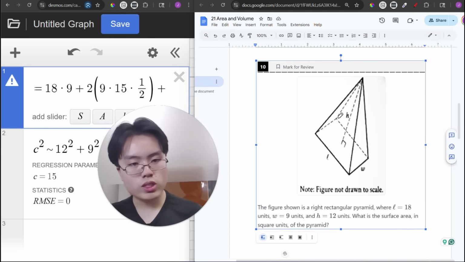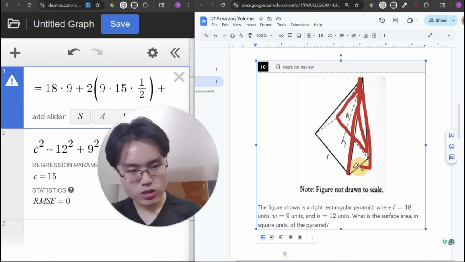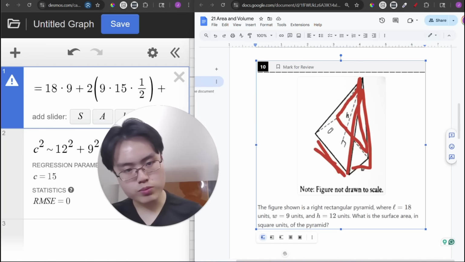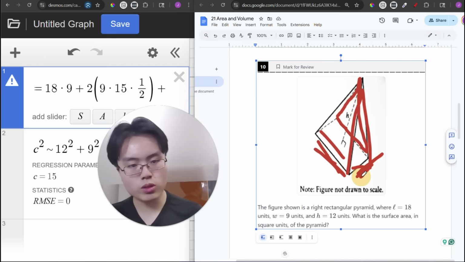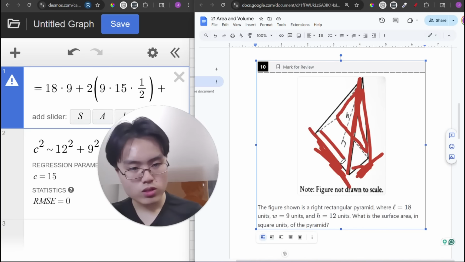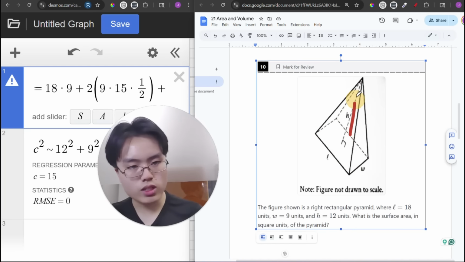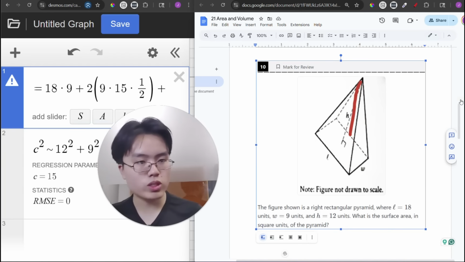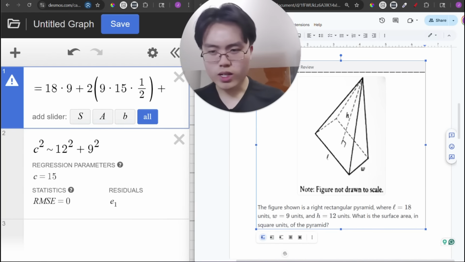Now we need to get this triangle, which is a different measure than these, because they have a different base for multiplying. For this one the base was the width, and now the base is the length, and even the slant height is going to be different. So let's calculate the slant height again, using the exact same thing as before.